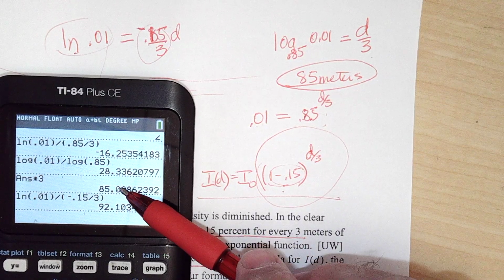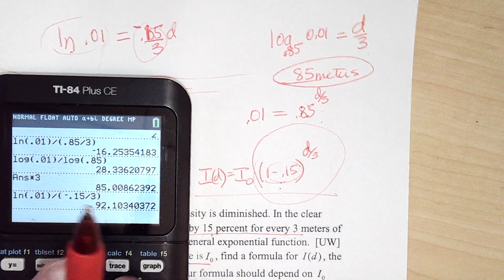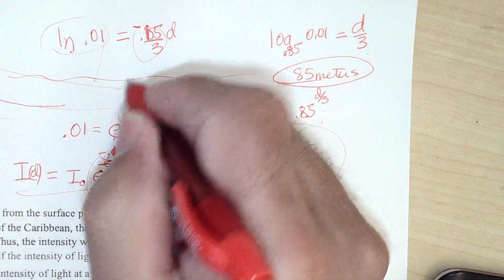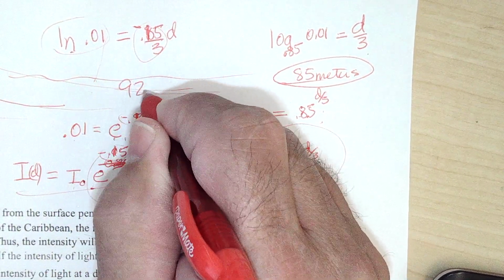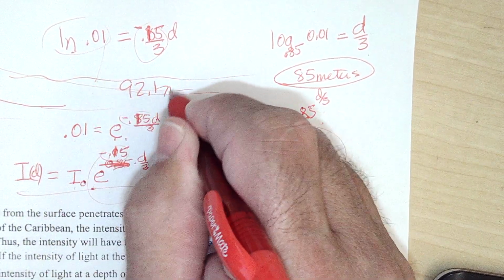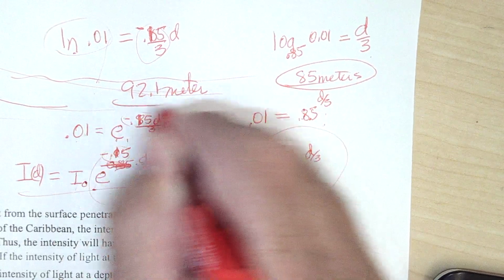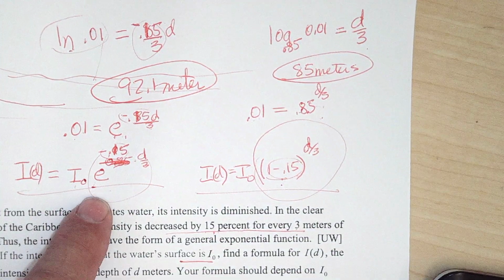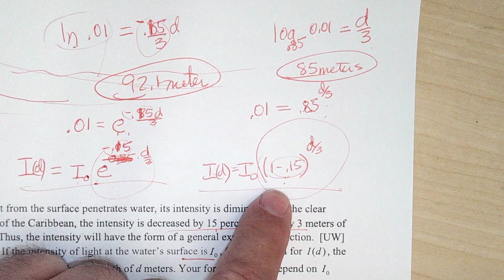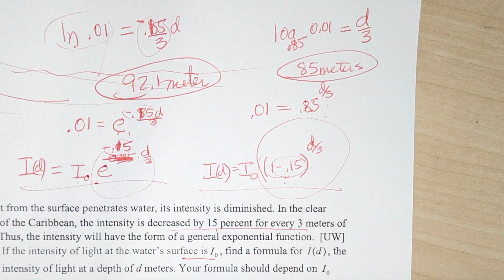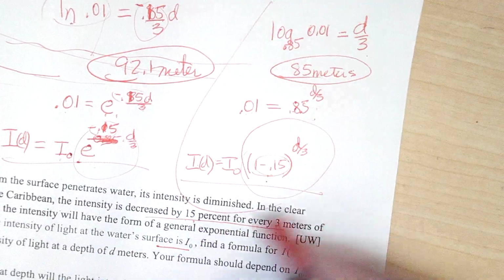The other model says 85 meters deep. So we get somewhat similar answers. This model says it takes longer to get to that than this model. But you got an idea of, I would accept either way on that one.